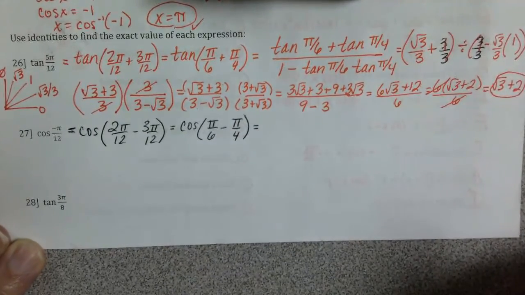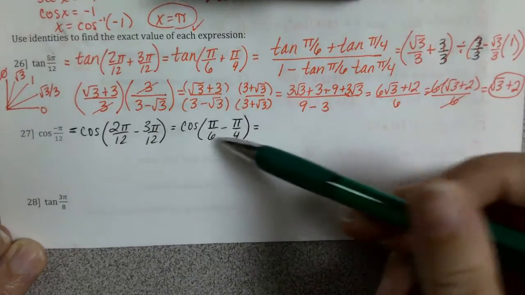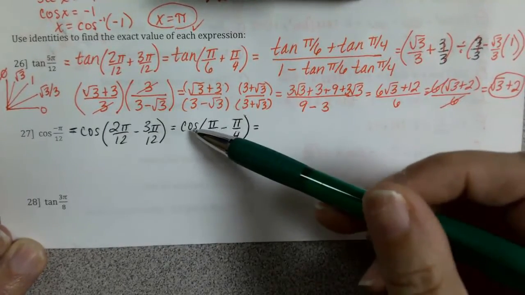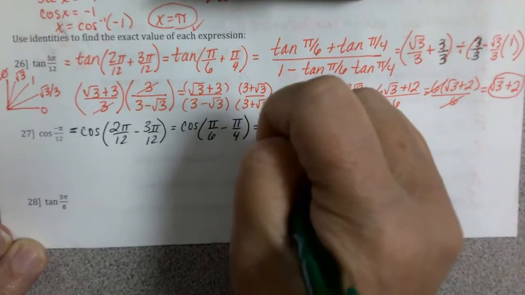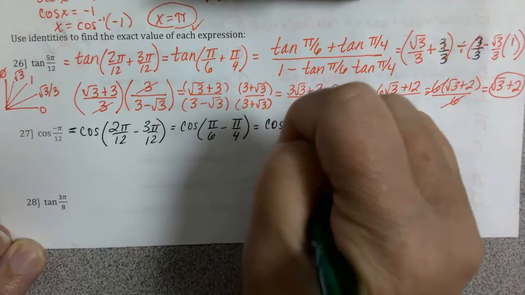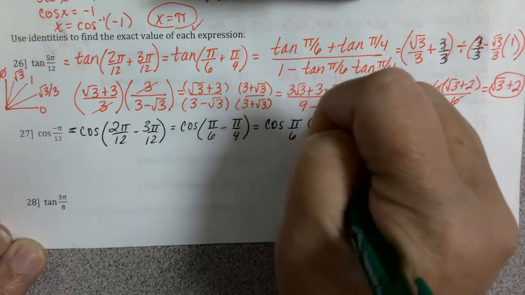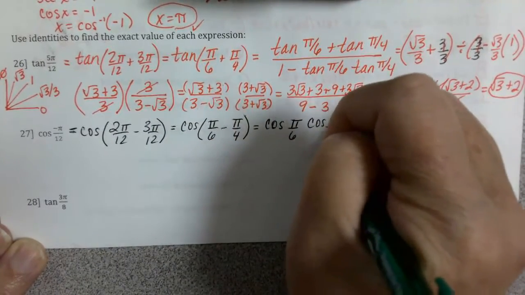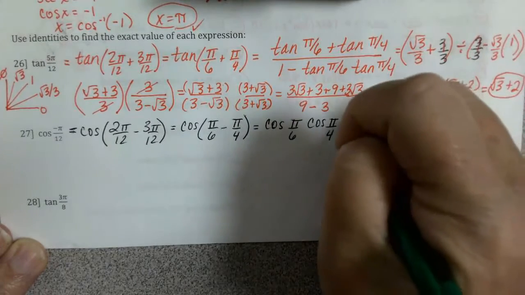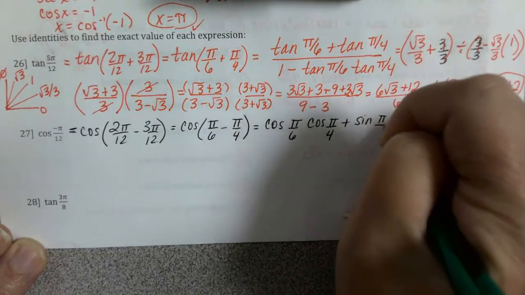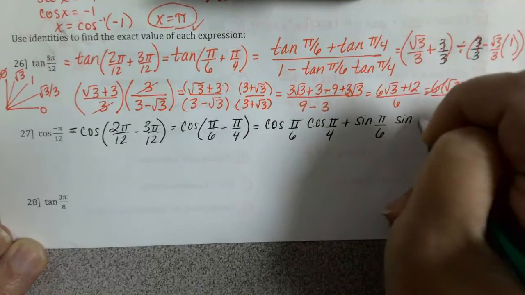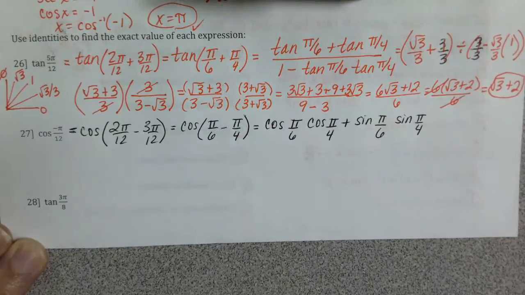So in the sum and difference identities, we're going to use a difference identity for cosine, which is the cosine of the first angle times the cosine of the second, plus the sine of the first angle times the sine of the second.